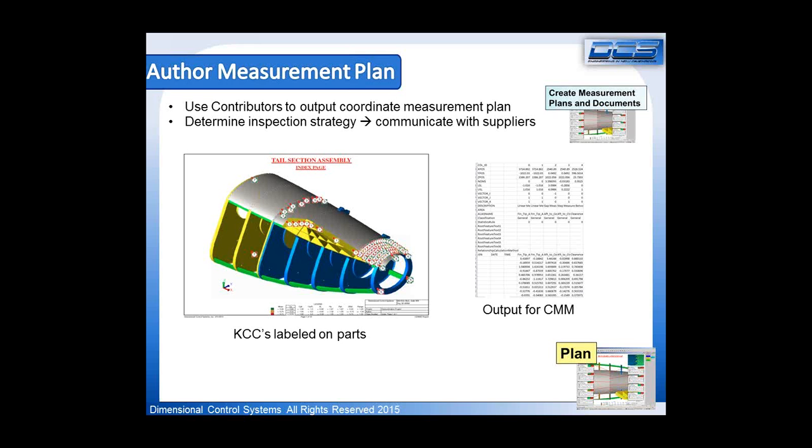Once the measurements are defined through the analysis process, these measurements can then be output in the form of a measurement plan, or in a data set that can be directly passed to metrology software or measurement software that may be used to drive some sort of measuring machine, say a coordinate measuring machine, or a laser tracker, or some sort of measuring device.